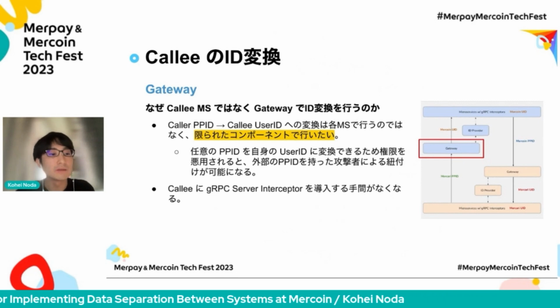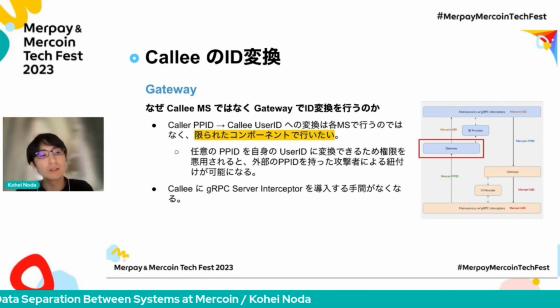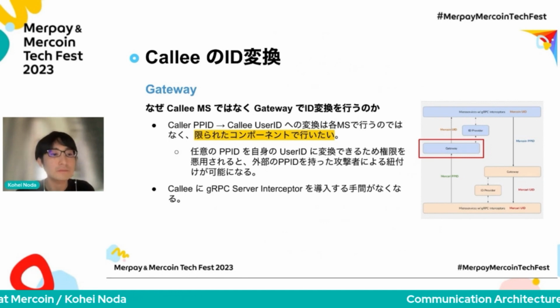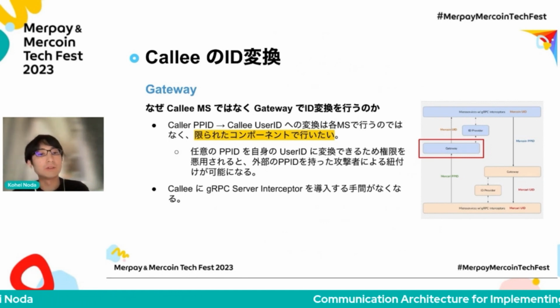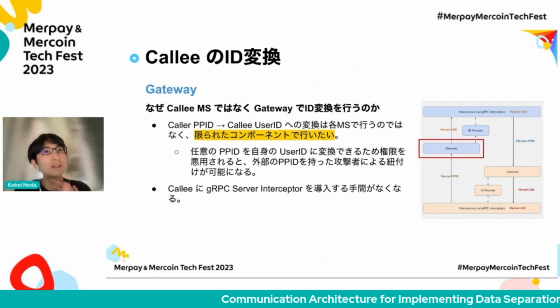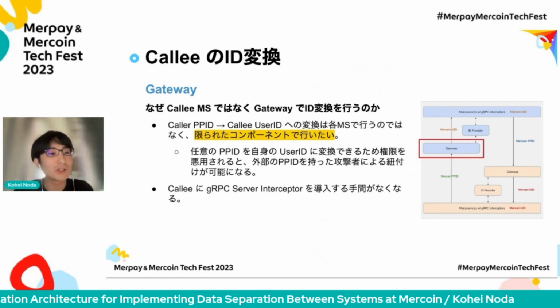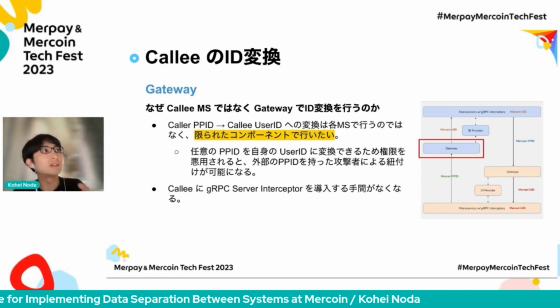Well, conversion from the caller's PPID to the callee's user ID should be done in a limited number of components. Callees receive a number of different calls with PPID.